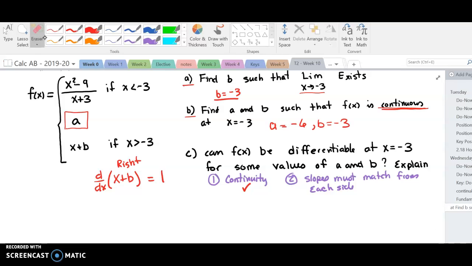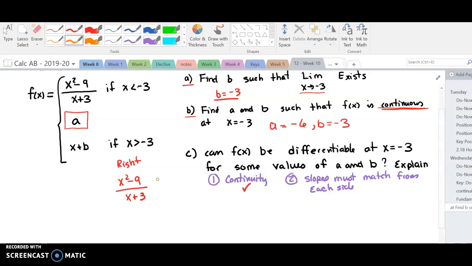Now we have to look at the derivative on the left side, which is (x squared minus 9) over (x plus 3). If you take the derivative of this, you're going to have to use the quotient rule, and it's going to be pretty ugly, but ultimately you're going to get 0 over 0. You're going to get something indeterminate, which isn't going to help you.